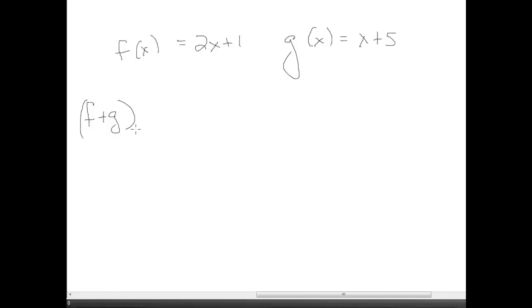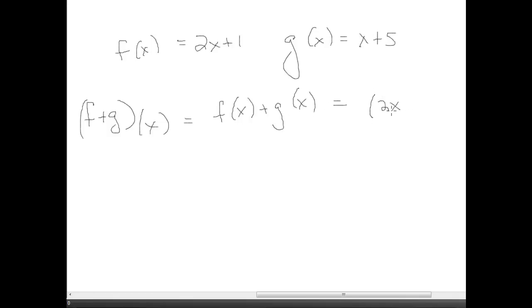Okay, so let's say f of x is equal to 2x plus 1 and g of x is equal to x plus 5. And I'm being asked to find f plus g of x. So again, this just means f of x plus g of x. So I will just sub in the definitions of those functions.